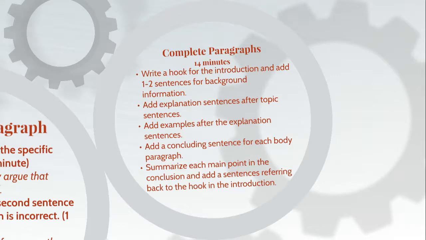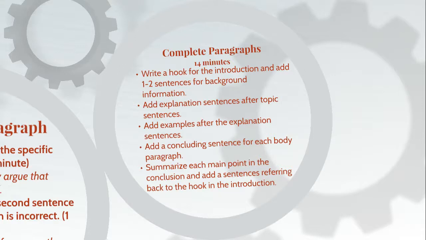Then go to the conclusion. You have your topic sentence there. So write a sentence for each one of your arguments where you summarize that argument. Then end the conclusion with a sentence that refers back to the hook in the introduction.